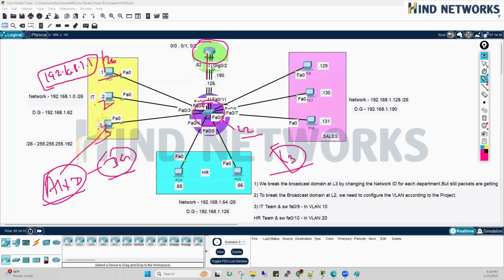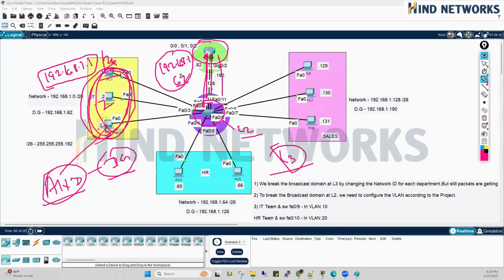Now, I connected one, two, three links. This link is part of this network, and here I assign 192.168.1.62. This IP address will be the default gateway for all the PCs in this network.